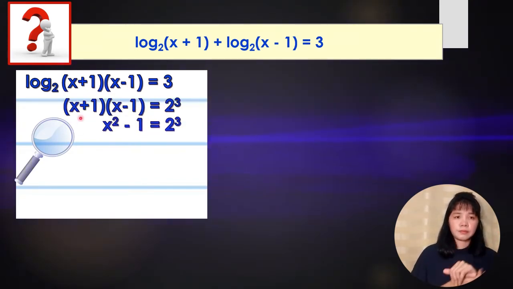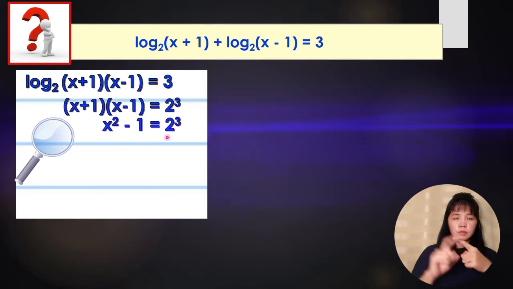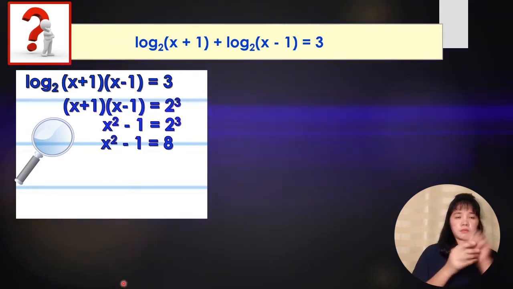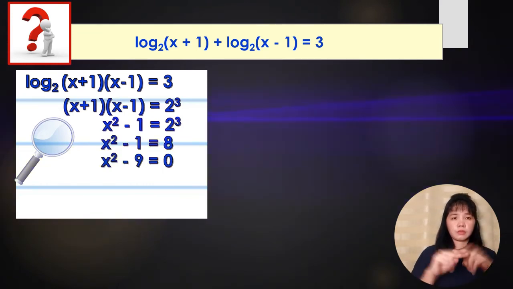So multiplying this using the FOIL method or long multiplication, we have x squared minus 1 is equal to 2 raised to 3. And we all know that 2 raised to 3 is equal to 8. Now manipulating the given equation using the addition property of equality, we now have x squared minus 9 is equal to 0.